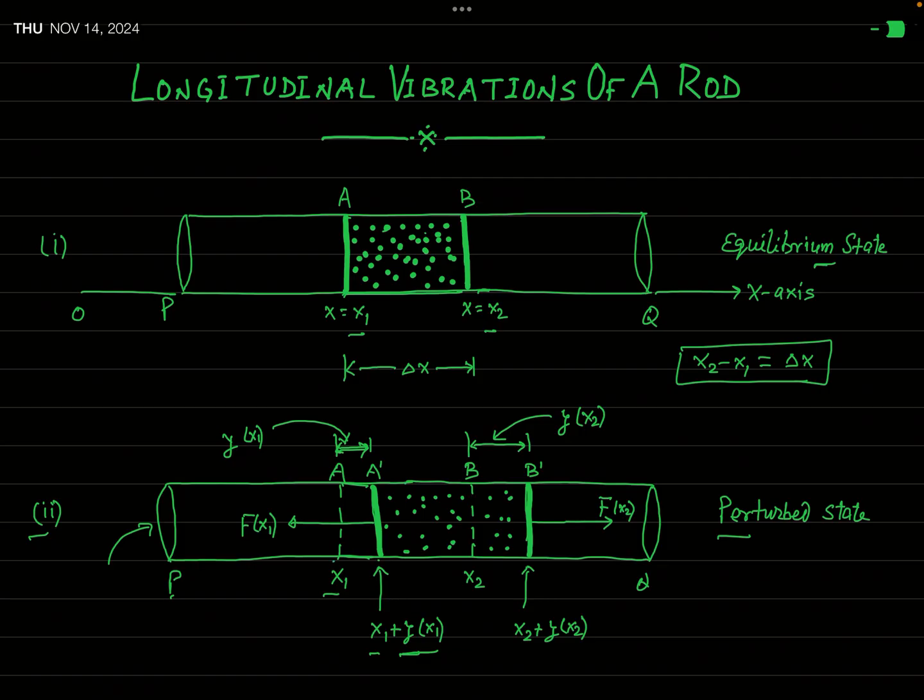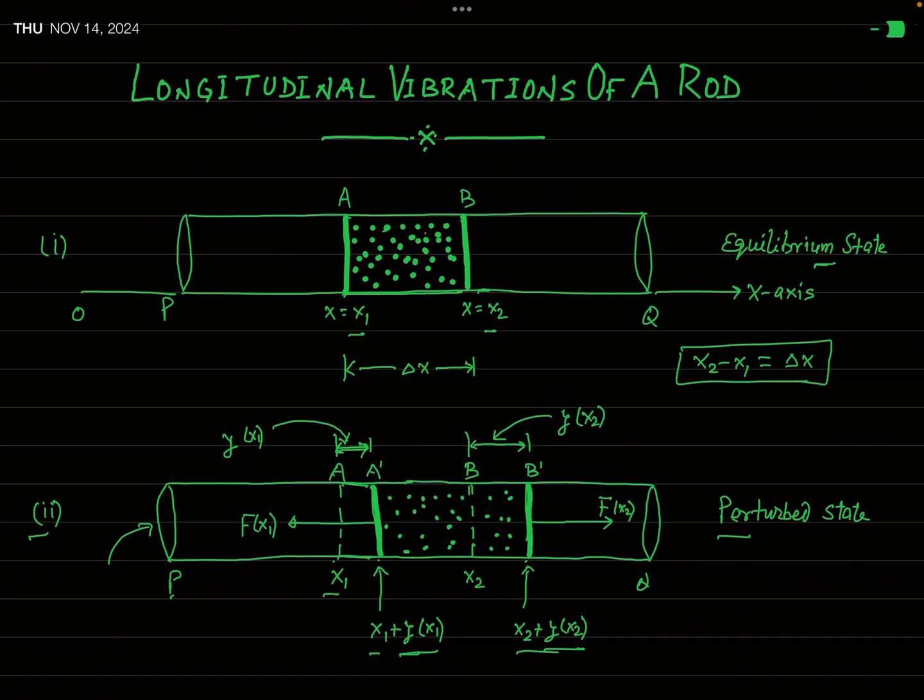Similarly, you can assume that the particles at the section B are displaced by y of x2. So the x coordinate of the displaced position B dash will be equal to x2 plus y of x2.